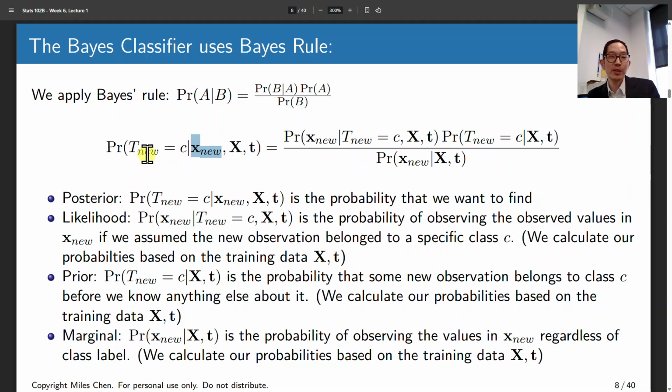This part over here is known as the posterior. It is the probability that we want to find. And we're going to swap the A and the B to get this part, the probability of B given A, which we call the likelihood. It's the probability of x new given that our label is class C.